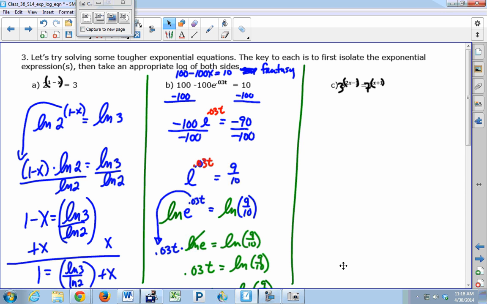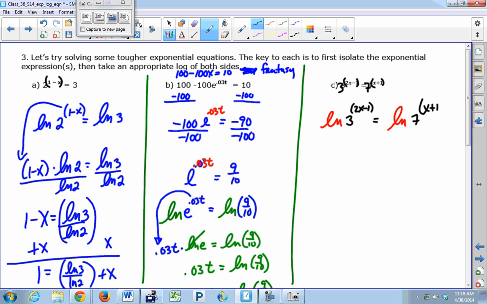All right? So what am I going to do to both sides to bring the exponents down? What do I need to do to both sides? Natural log. All right, the famous answer of the hour. Natural log of 3 to the 2x minus 1 equals the natural log of 7 to the x plus 1.